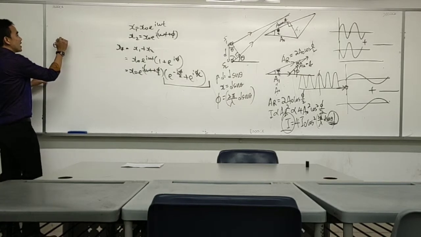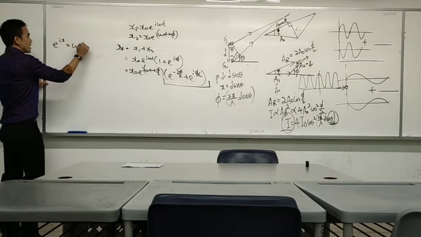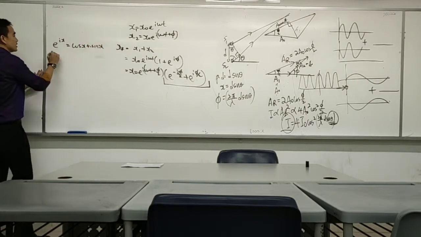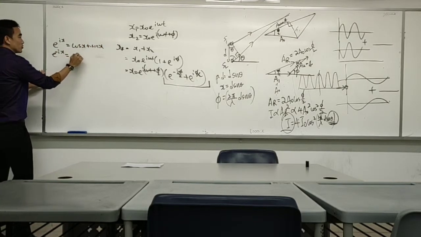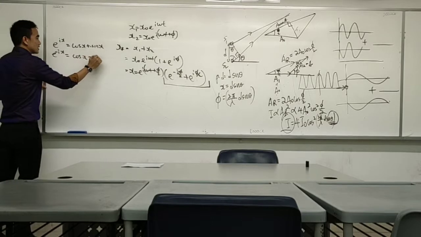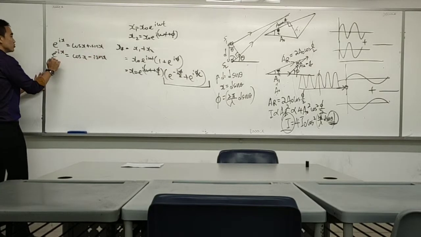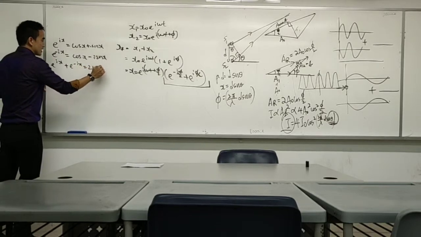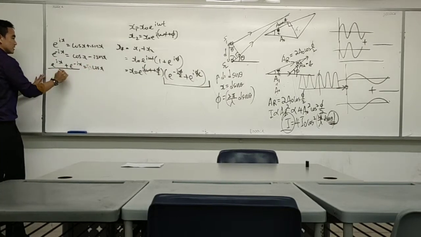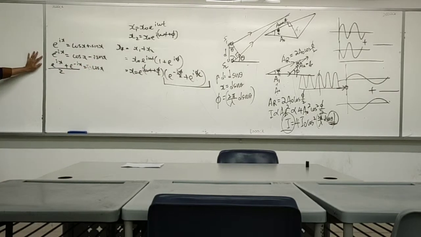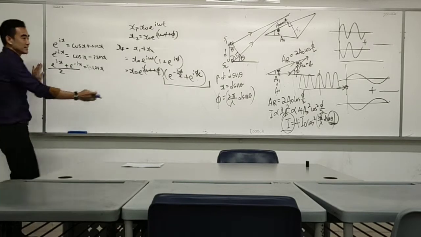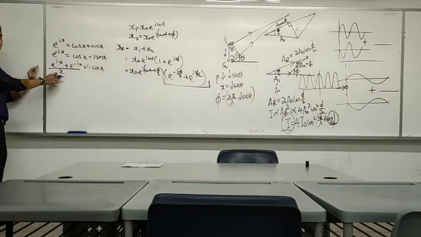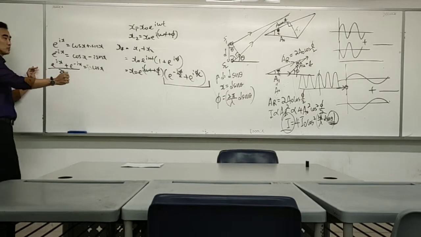If you have e^(ix), it is actually cosine x plus i sine x. e^(-ix) is equal to cosine x minus i sine x. You add the two together, e^(ix) plus e^(-ix) equals 2 cosine x. So this will be this. Which is equal to?